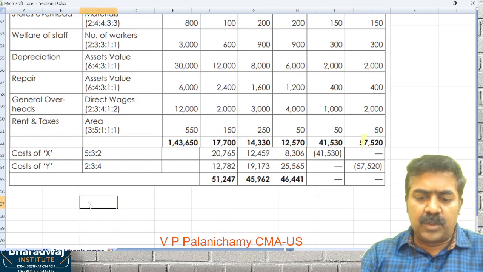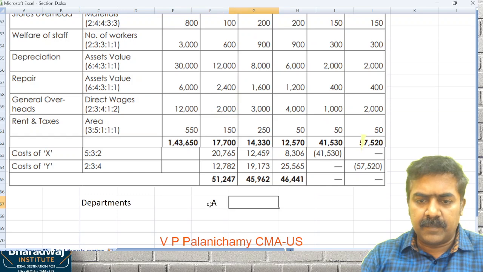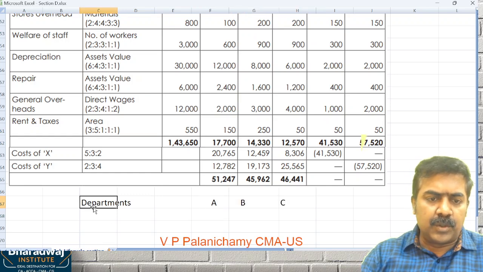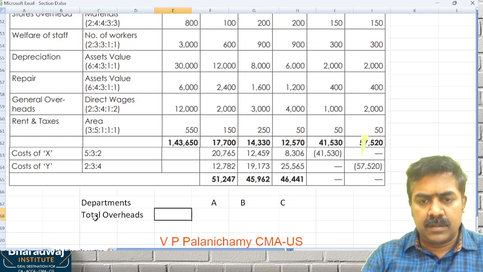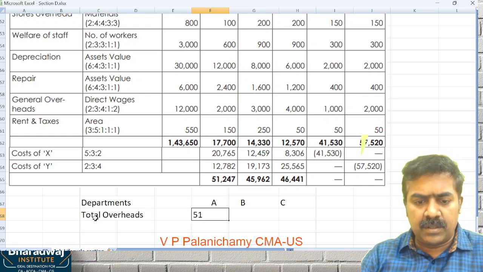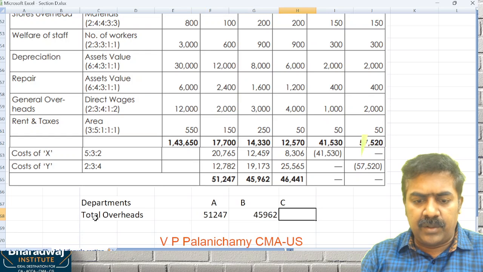So what is the total overheads? Department A, B, C: 51,247, 45,962 and 46,441.